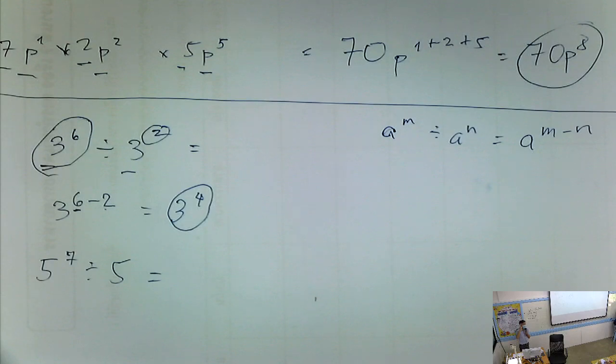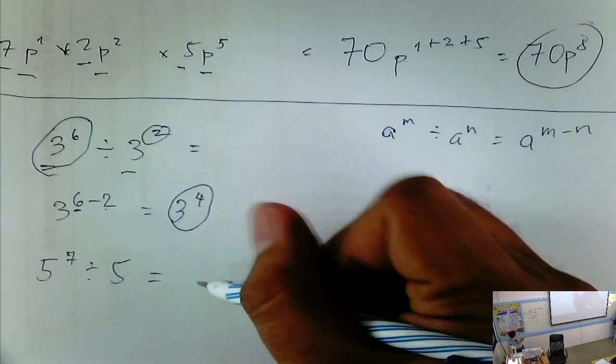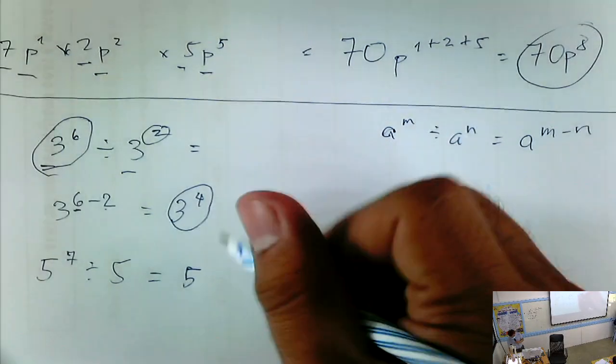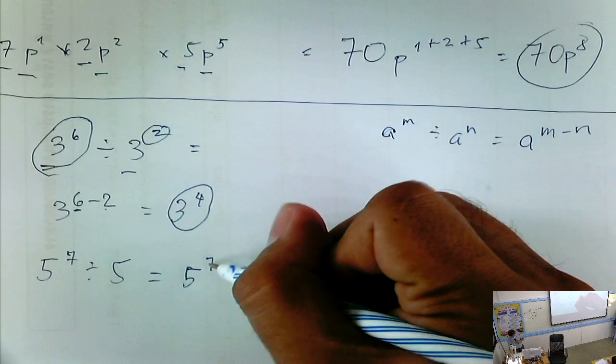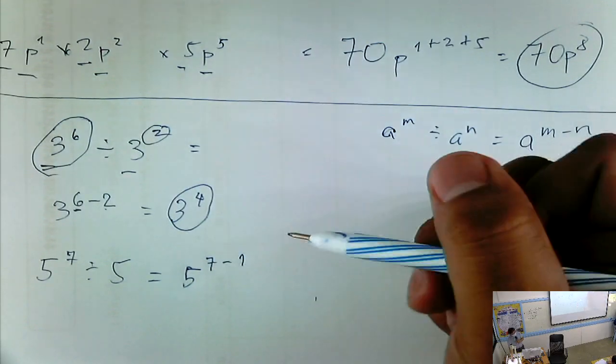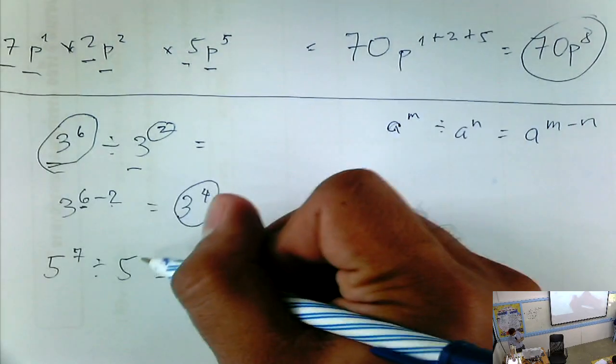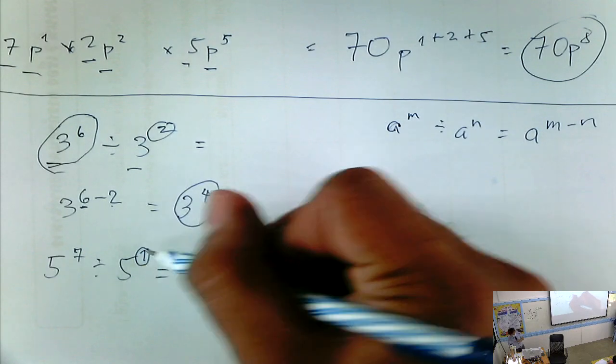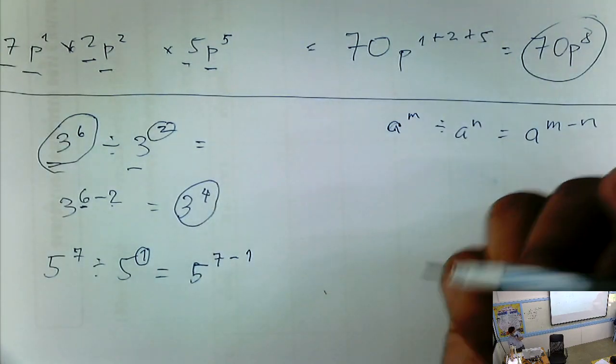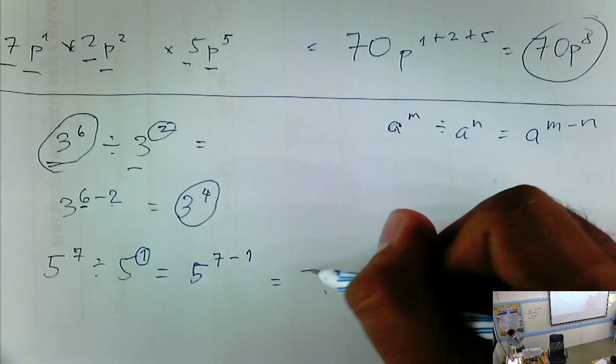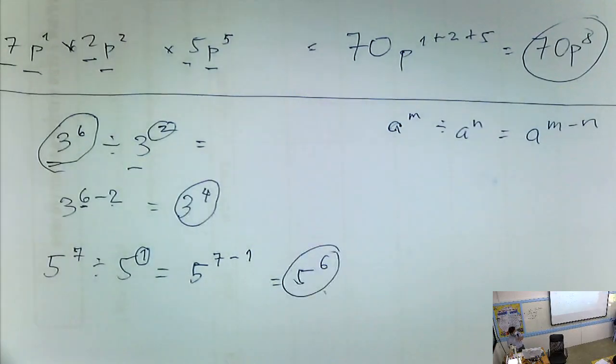Very good. 5 to the power of 6, because that is 5 to the power of 7 minus 1. Remember, if you don't see any exponent, the exponent is 1. And so you will have 5 to the power of 6. And that would be the answer.